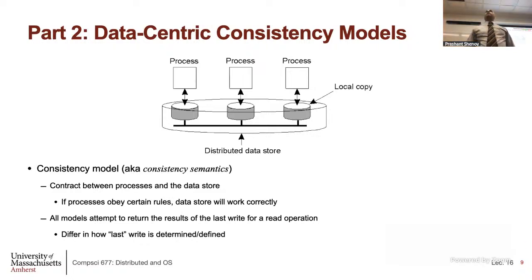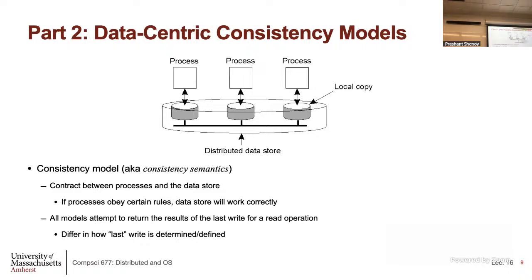Okay, and then the question is, when a process tries to access data, what is it going to see? Okay, in terms of what is the guarantee that the data store is going to provide in terms of what you are going to see. Ideally you want any of these processes to see what are called the results of the most recent write, which means that you have to see the most recent update.